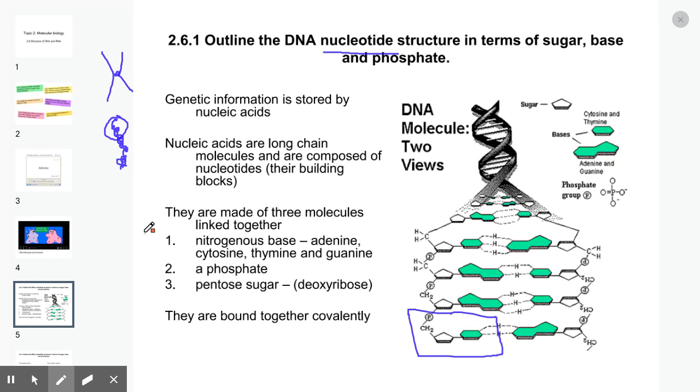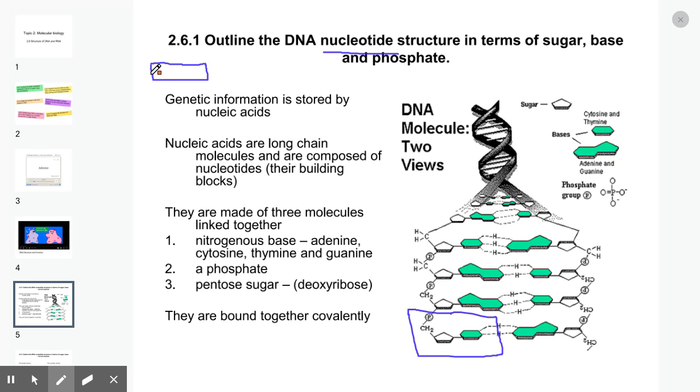One of the 3 things it's made of is the nitrogenous base, which can be any one of those 4 bases. And a nitrogenous base, when we draw it, I'm going to erase this real quick, we draw it in very simple geometric shapes. So the nitrogenous base we draw as a rectangle. So there's my nitrogenous base.